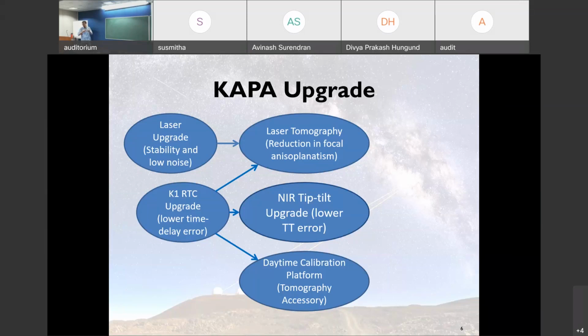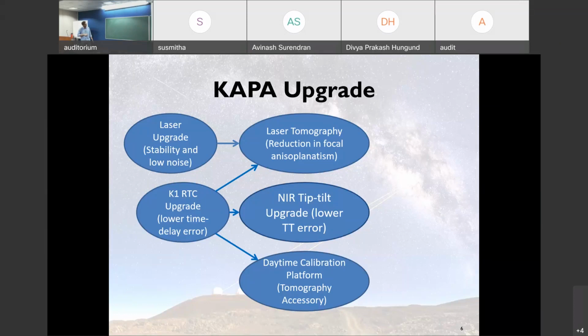Lasers are expensive. Each of these Toptica lasers cost about $1 million, I think. So using one laser, we can split it into 4 and create 4 guide stars of magnitude 7 or 8 on the night sky. So that upgrade was complete about 2 years back.